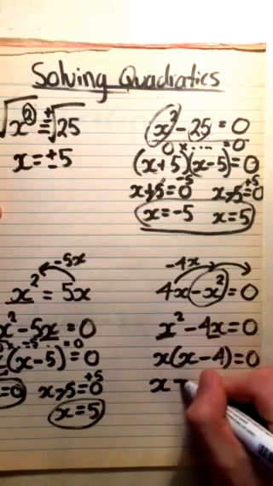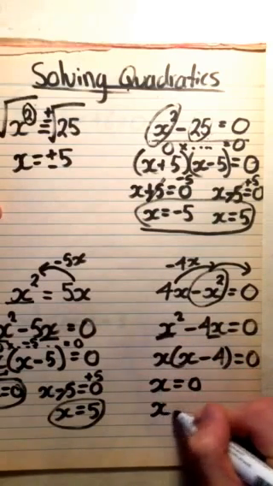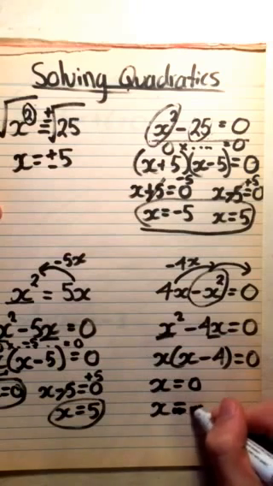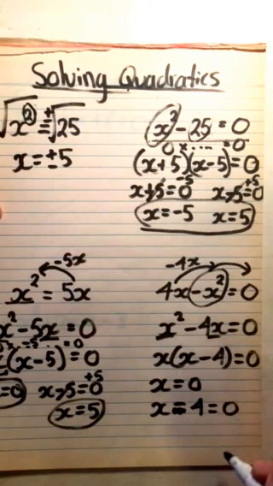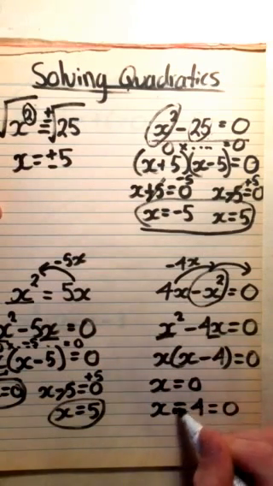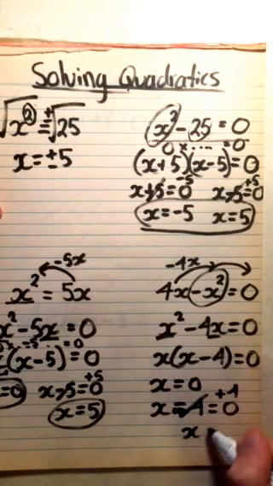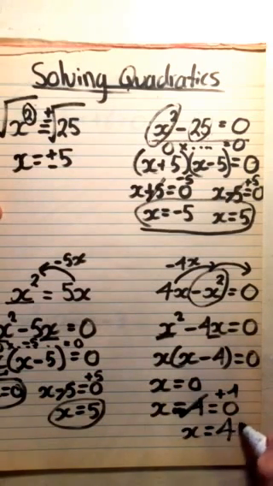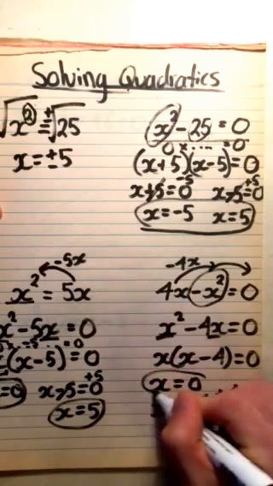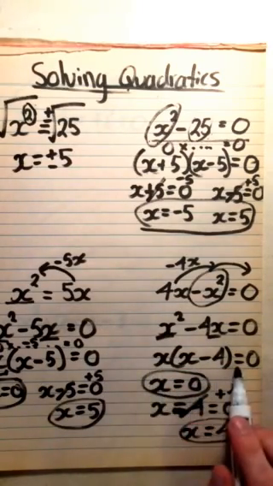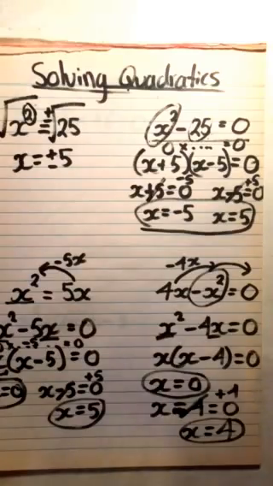Well, we can make x equal 0, or we can make x minus 4 equals 0. So to get rid of that, we are going to plus the 4 to the other side, which leaves x equals 4. So we get two answers here. There are two x values that will make this left side equal 0, which is the right side.